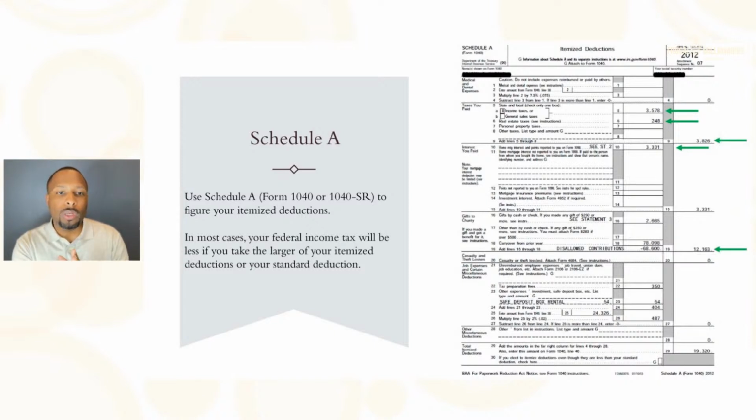So when we look at all the items on our Schedule A, we look at line number 9, line number 15, and line number 19, and we see that all of those combined actually bring us to line number 29, which is a total of 19,320.